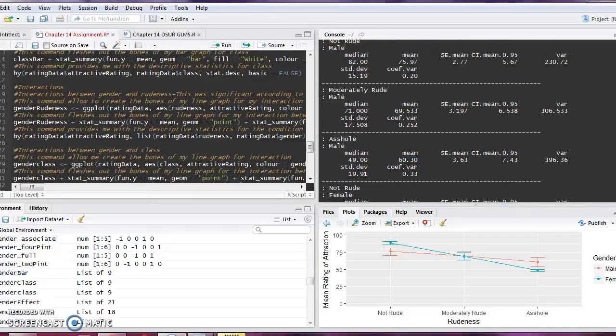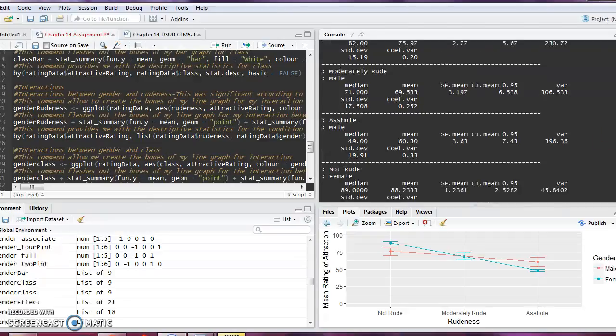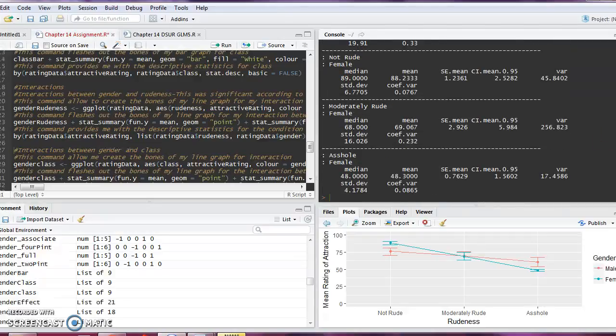So essentially, the trend that we're seeing with male participants is that those who were not rude were given higher ratings of attractiveness. Now let's see what it looks like for women according to descriptive stats. And this is the same trend. So for women, for female participants, those who had not rude dates gave them higher attractive ratings.